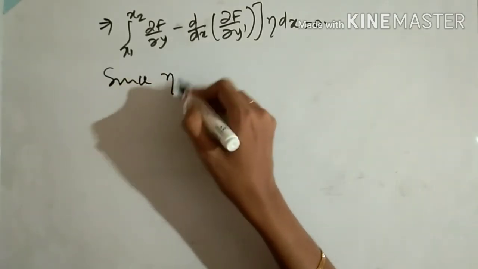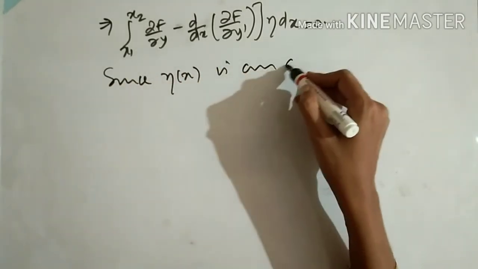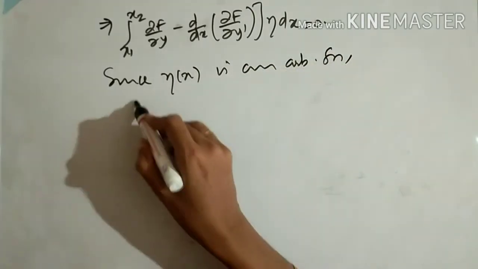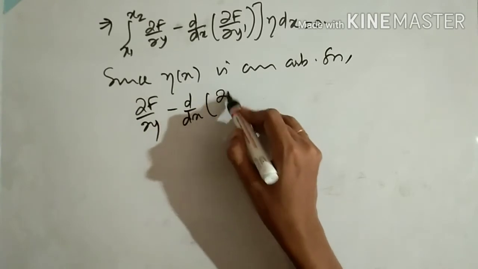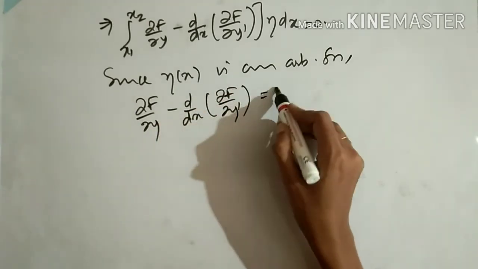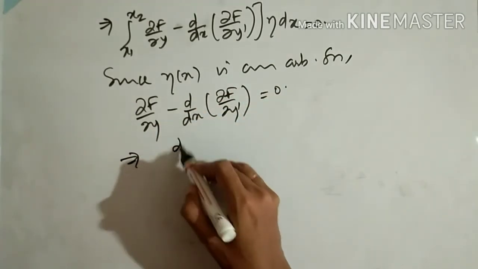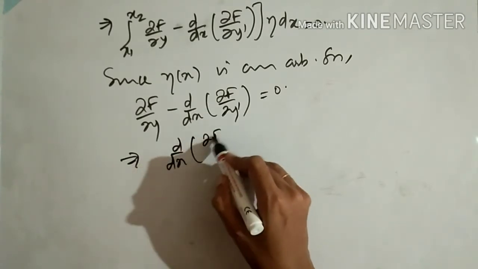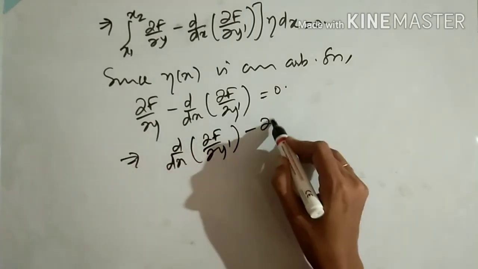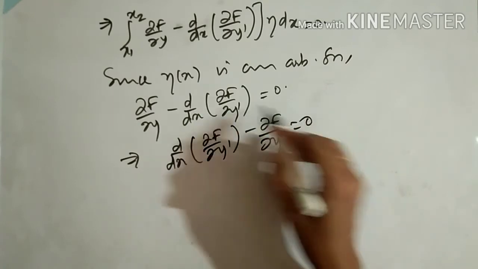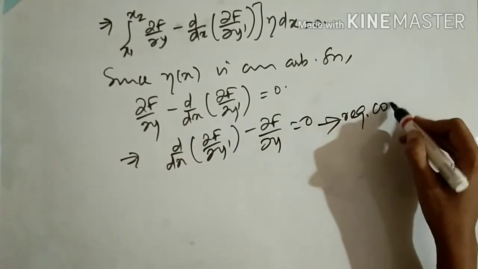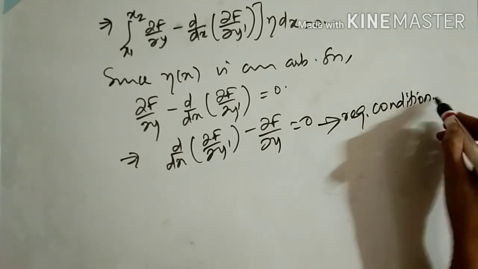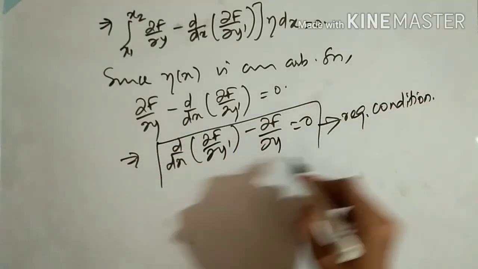Since η of x is an arbitrary function, you can write that ∂f by ∂y minus d by dx of ∂f by ∂y' is equal to 0. This is rewritten as d by dx of ∂f by ∂y' minus ∂f by ∂y is equal to 0. So this is our required condition if the integral is minimum or maximum, and this has a specific name.